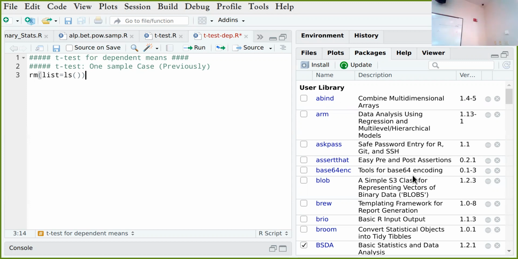So one sample case is what we did previously. We simply tested for a mean. So the null is mu greater than or equal to 0 against the alternative. What should the alternative be?